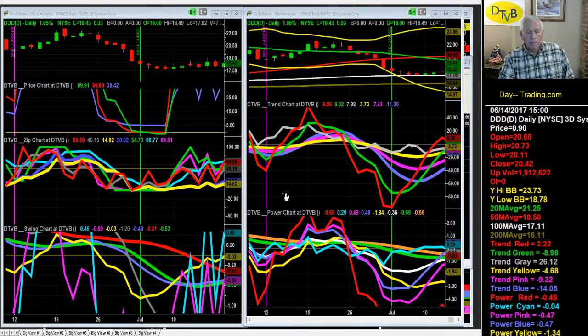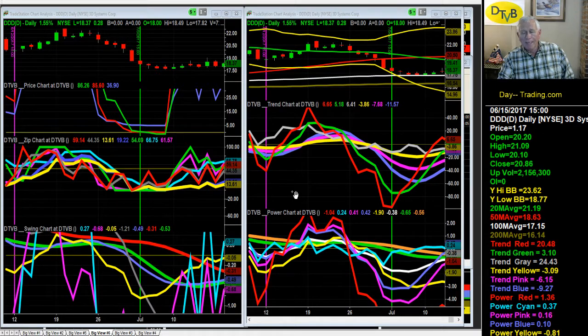If I go out 2 days after the pink line, power yellow is minus 1.3. If I go out a third day, it is minus 0.8. It's obviously getting closer to zero, but we're still negative. If I go out 2 days past the green vertical line, power yellow is at 2.96.